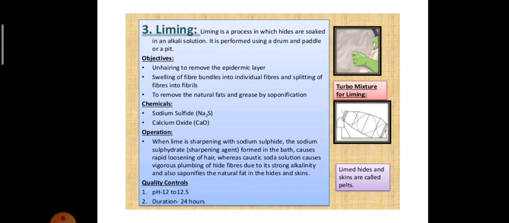The third important operation is liming, a process in which hides are soaked in an alkali solution. It is performed using a drum and paddle or a pit to remove the epidermal layer. The chemicals are sodium sulfide and calcium oxide, and the pH is around 12 to 12.5.